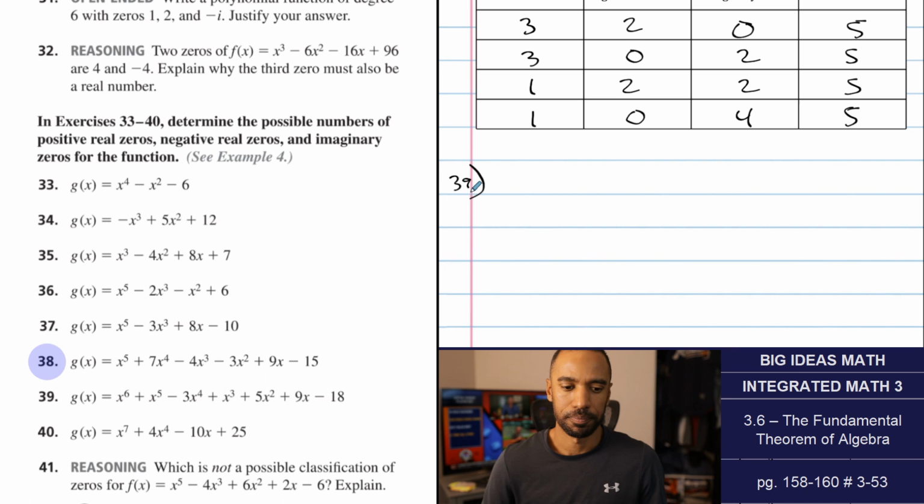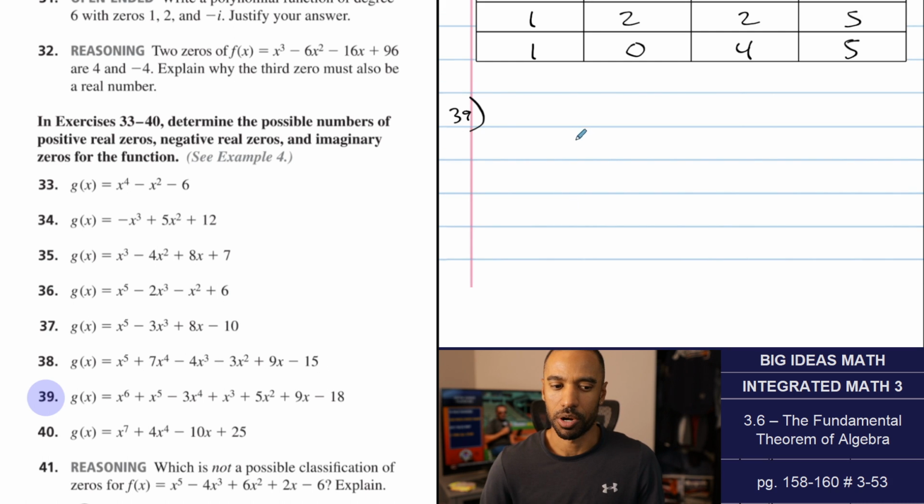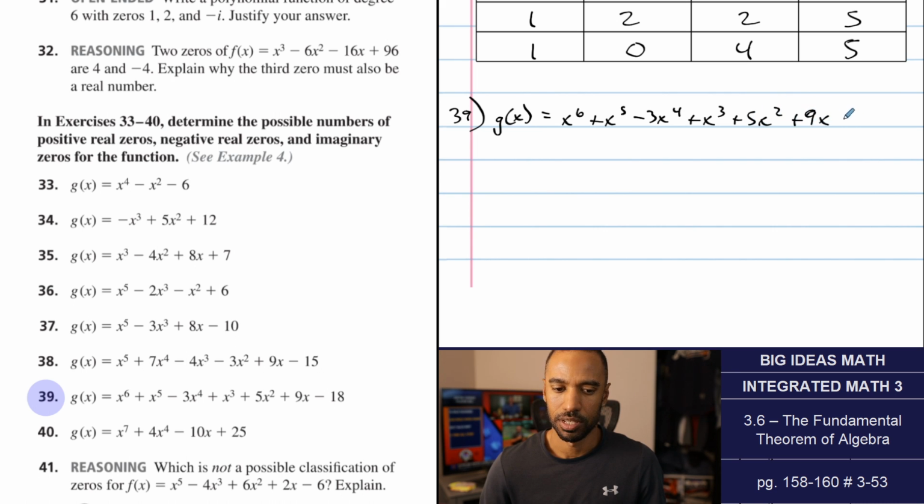Number 39. Whoa. 6 degrees, 7 terms. How many changes are we going to have here? G of x is... Actually, not many for the positives, at least. We'll see on the negatives. Positives, there's 1, 2, 3 sign changes.